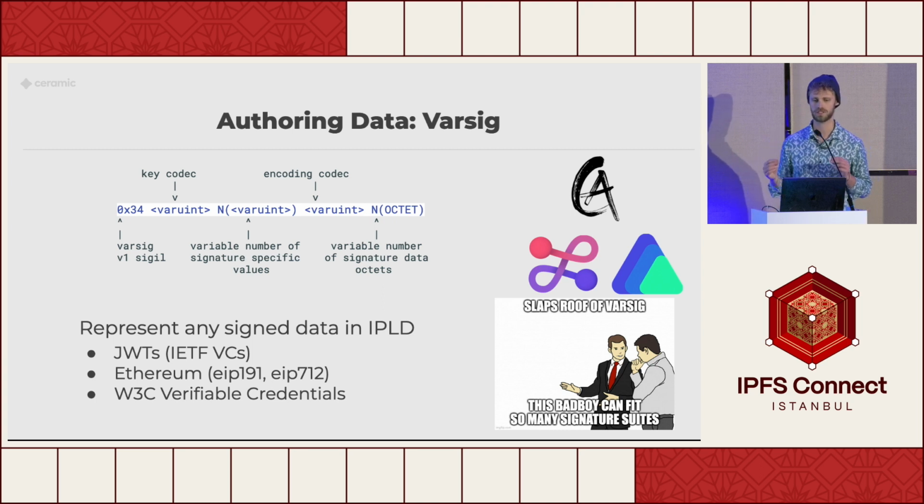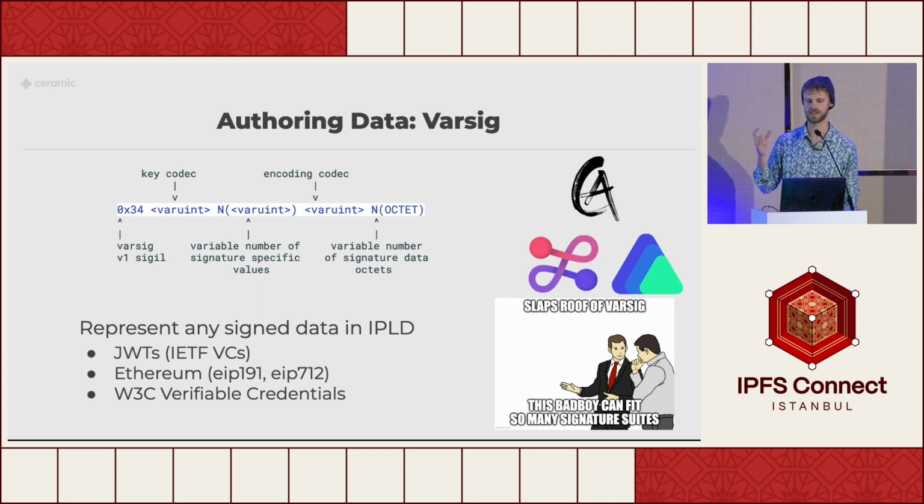And VARSIG is a really neat way to encode signatures. It basically allows you to encode any type of signature along with an IPLD object. So the way it works is that the signature itself is encoded as a byte string, and it has a codec for which key was used to author the signature, and it has some additional parameters for that key type.